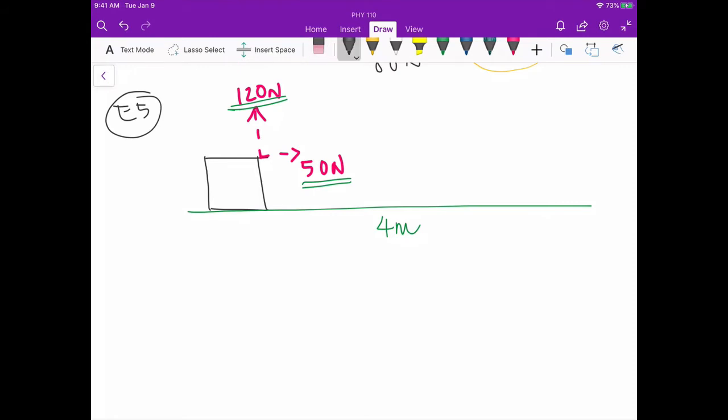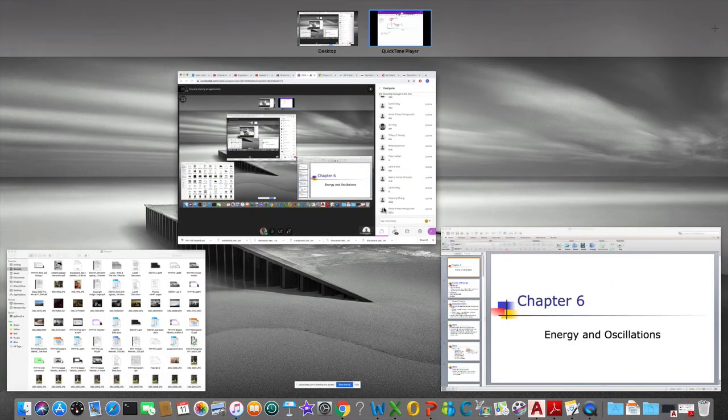So now question A asks, what is the work done by the horizontal component? The horizontal component means this one. You can put it as FH, this one as FV, for vertical. Then what is the work done by the horizontal component? Got a minute to answer that? Let's see.